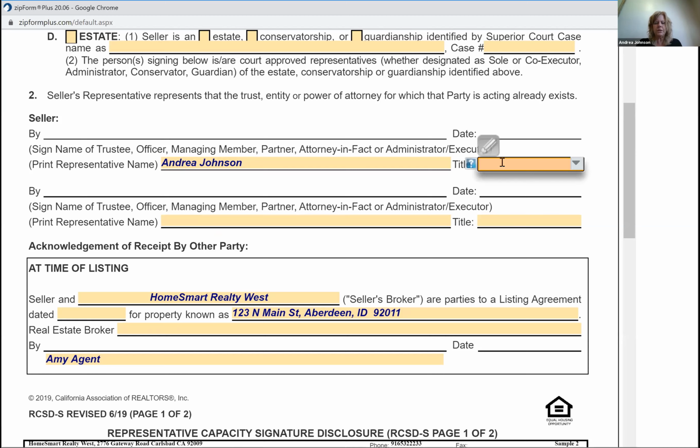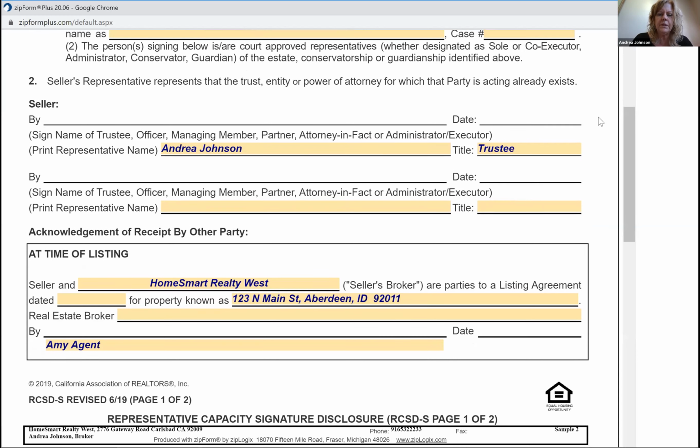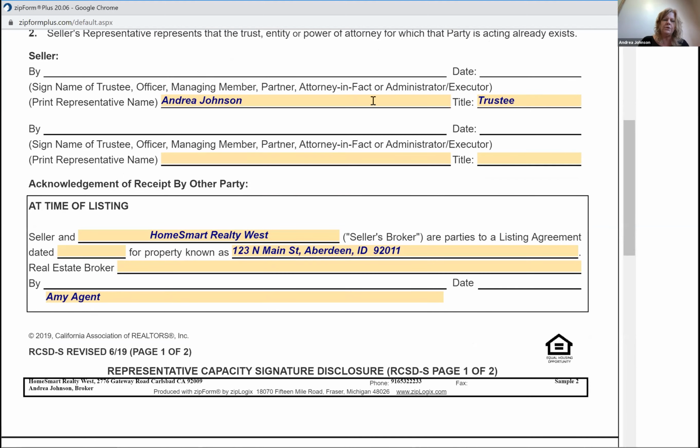Title is going to be trustee. Okay. So this is going to be done at the time of the listing. And if there are two, obviously put in the second seller or the second signer.